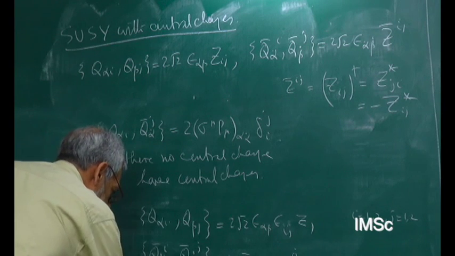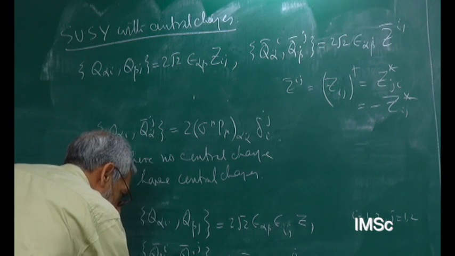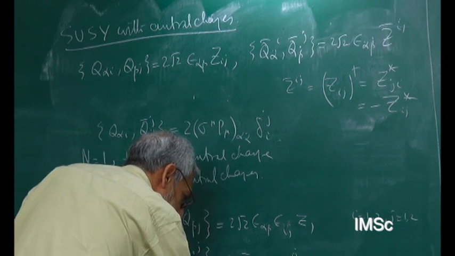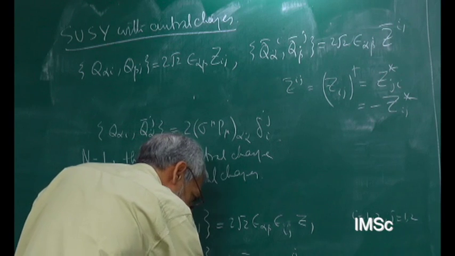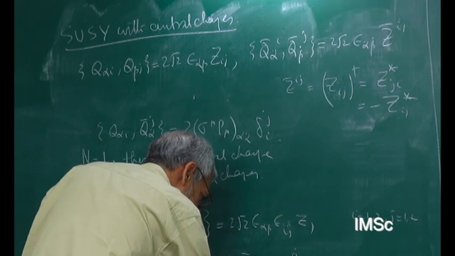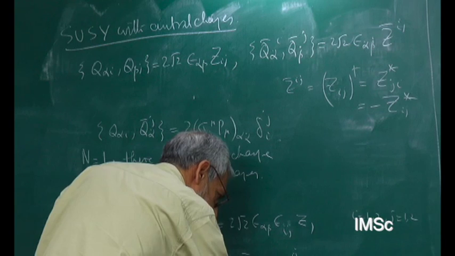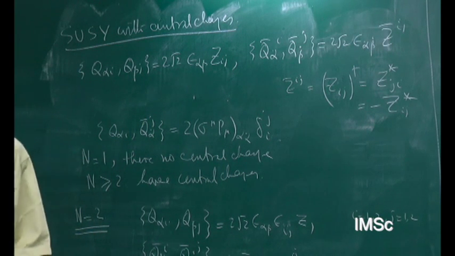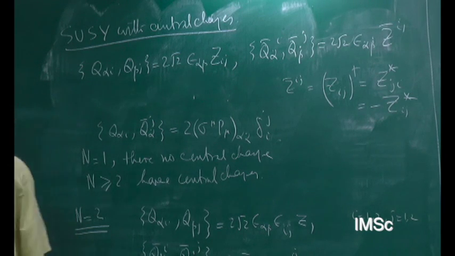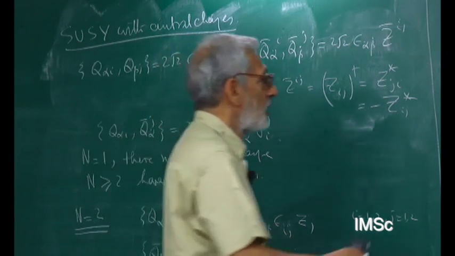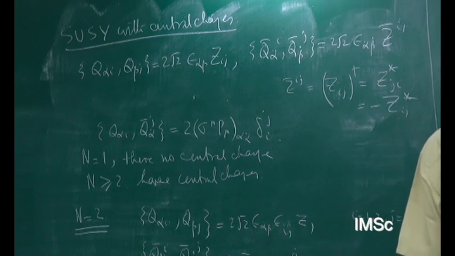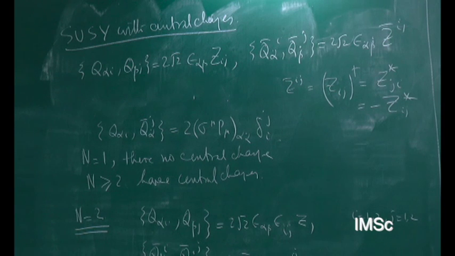And then Q alpha I, Q bar alpha dot J. I, J take values 1 and 2. So the n equal to 2 theory has only one central charge, and that's what we have called Z, a complex central charge.